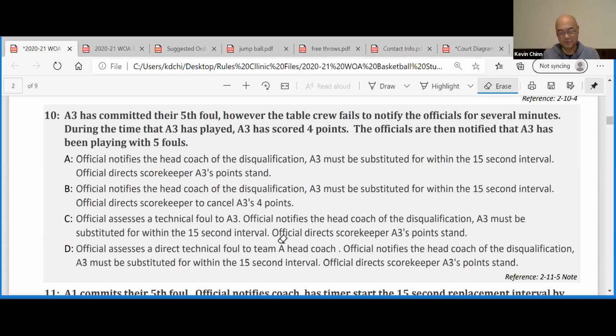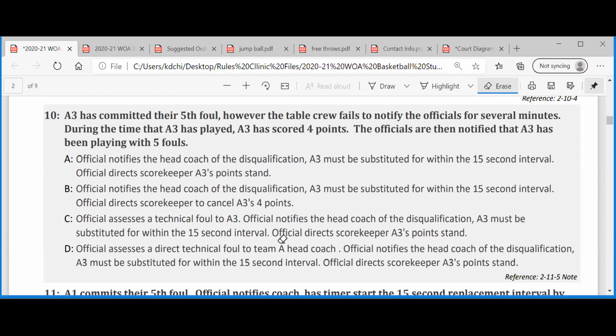We need a substitute. That's it. He can score 20 points and it would still stand. And again, that reference is 211.5 in the notes in your rule book. And it talks about it very clearly. Okay.